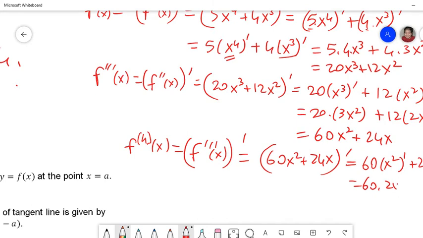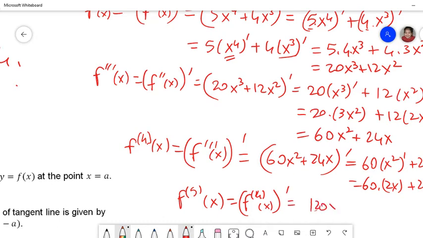So 60 times 2x, and this is plus 24. And then the fifth derivative will be the derivative of the fourth one, 120x plus 24.